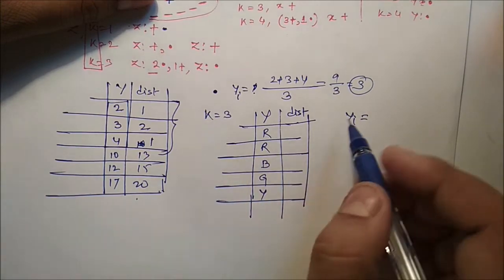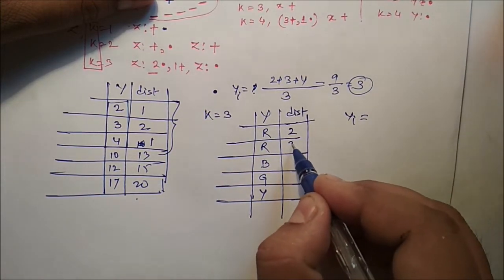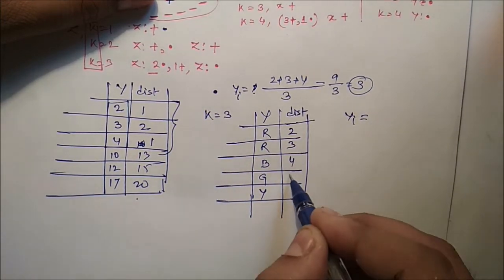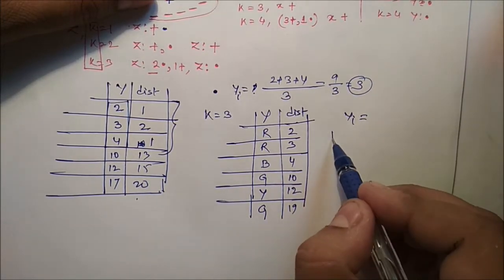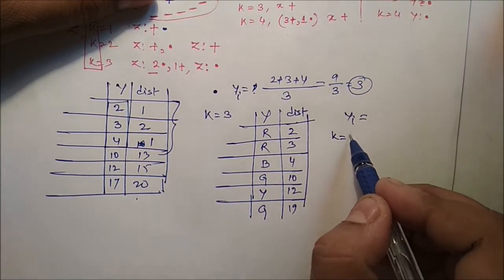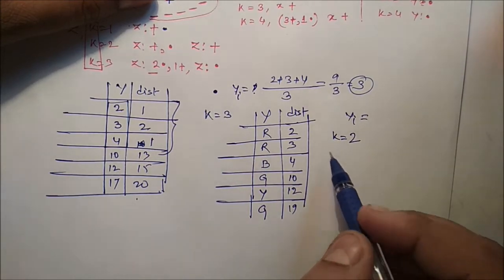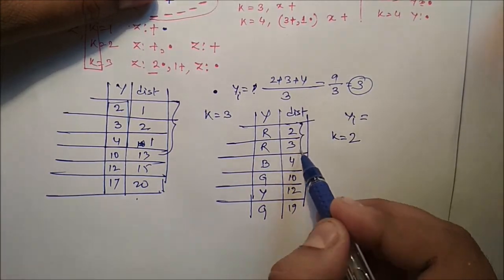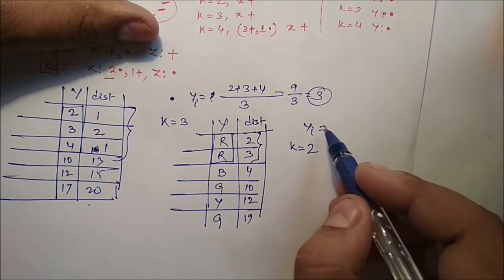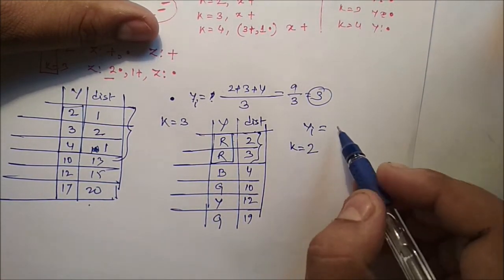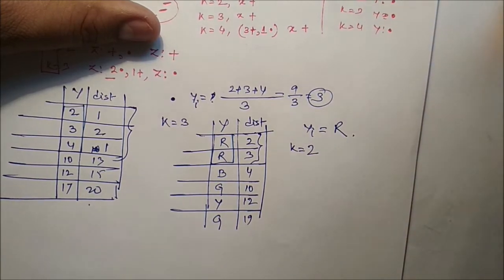Now if you calculate the distance, let's say the distances are 2, 3, 4, 10, 12, 19. If k is equal to 2, the nearest two distances are these two, and these are the neighbors. What is their class level? Both are red. So the class level of y will be red.